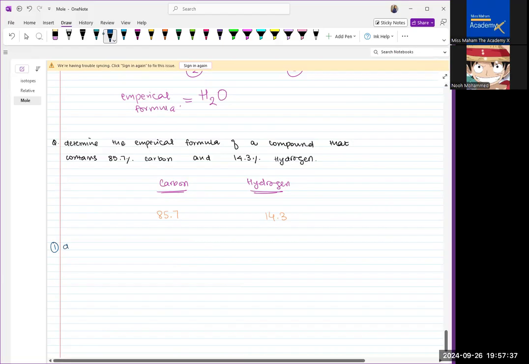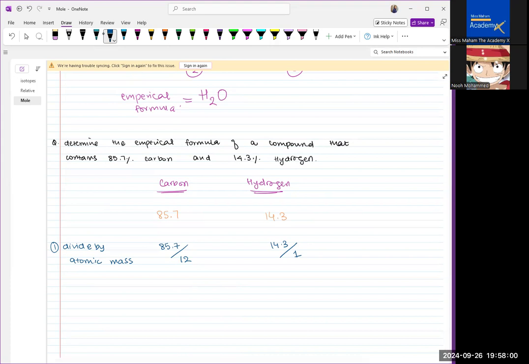So step 1, divide by atomic mass. 85.7 divided by 12 for carbon and 14.3 divided by 1 for hydrogen. Okay, so the first step is done.